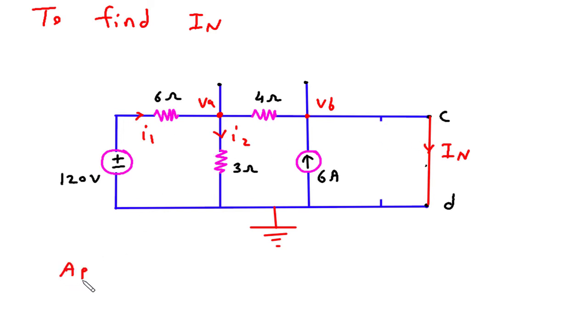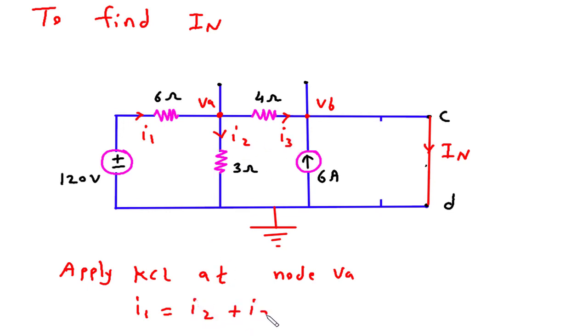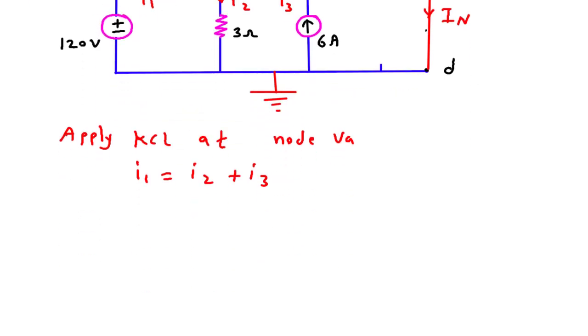So apply KCL at node VA. Let's say this is current I3. So entering current at this node is I1, and leaving current is I2 plus I3. So I1 is 120 minus VA by 6, which is equal to I2 plus I3.